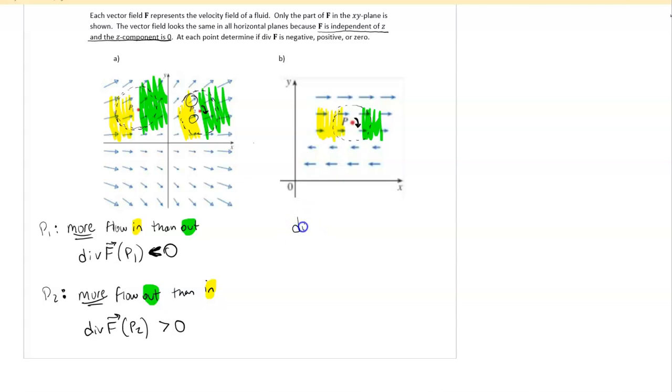But our divergence of our new F at this point P, because it looks like flow in equals flow out, we would say that is 0. Things look like they have the same length, kind of symmetric coming in and going out. So I'm going with 0 for that one.